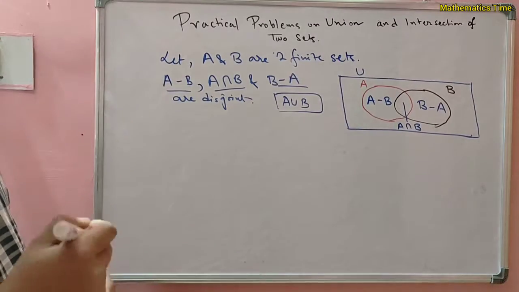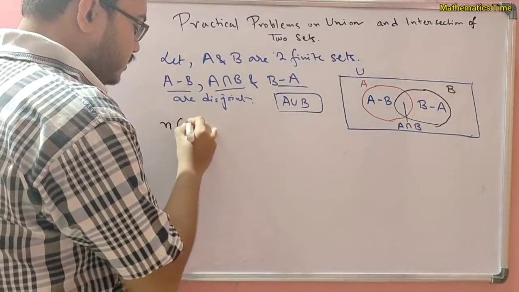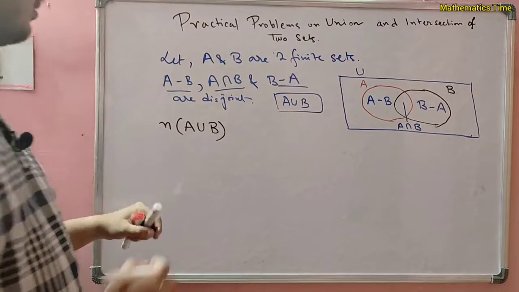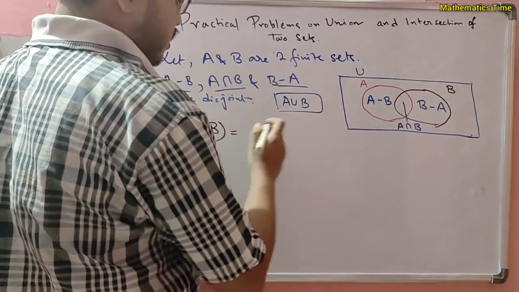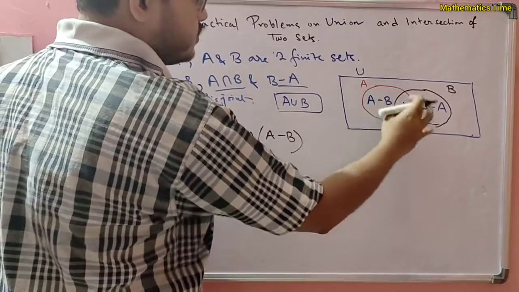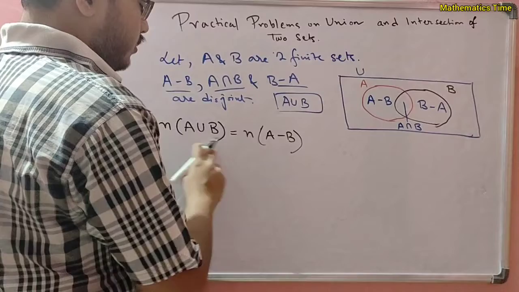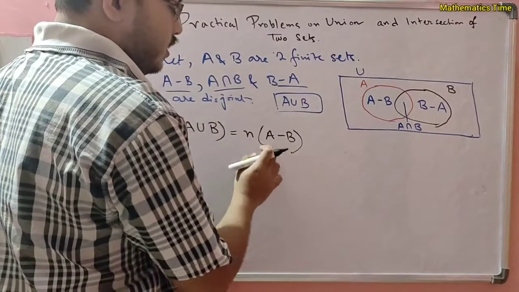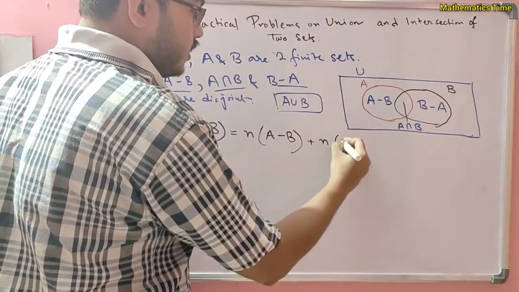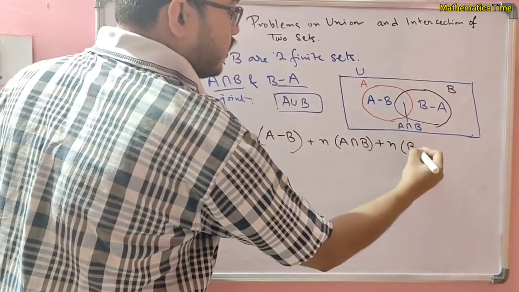So we can write the number of elements in A union B. A union B means the whole portion. So the number of elements in A union B will be n of A minus B, plus n of A intersection B, and n of B minus A.